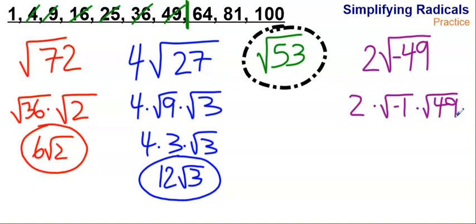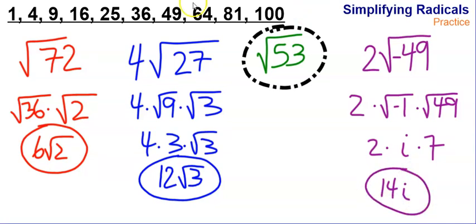It's going to just be i. Now here's the thing about 49. It's already on the list. So if it's already on the list, that means it's a perfect square. So the square root of 49 is just going to be 7. And again, we already established that the square root of negative 1 is just i. Multiply the two values together, the two numbers. So the final answer is 14i.